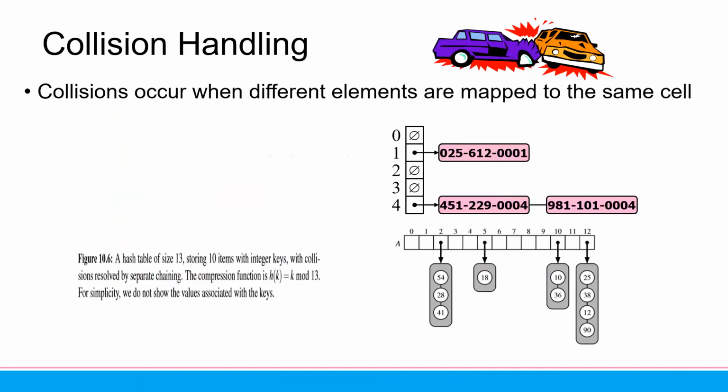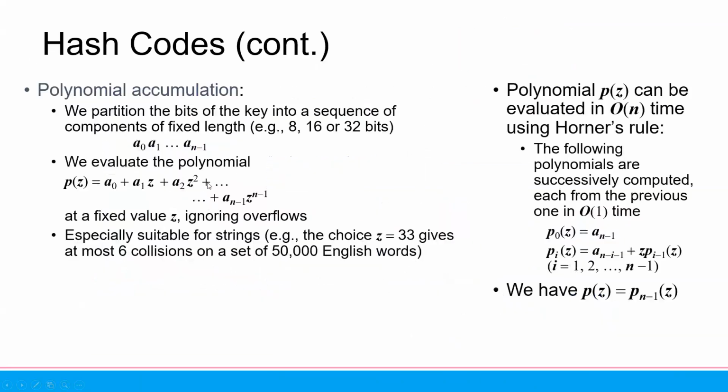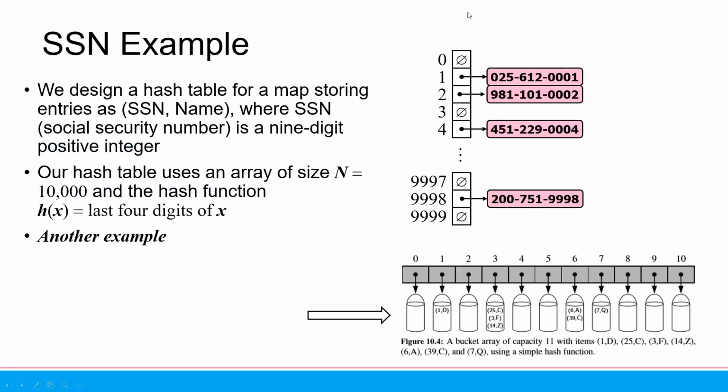We call this a collision. A collision occurs when different elements are mapped to the same cell. What happened to this one? The example that I explained before, like this one, we call this a collision.